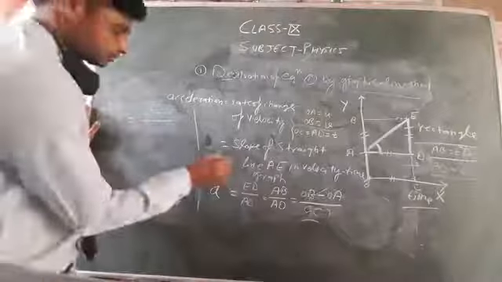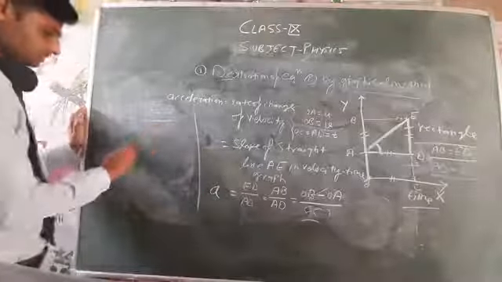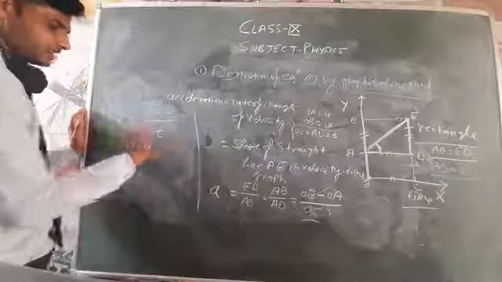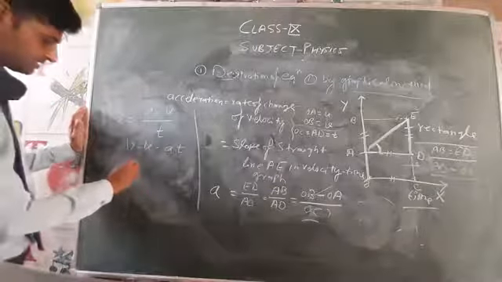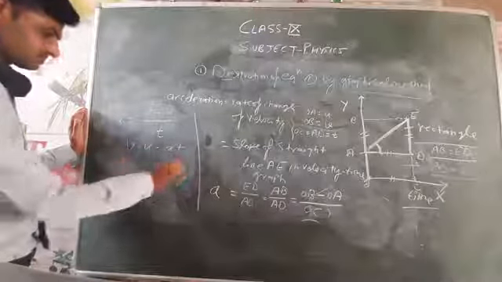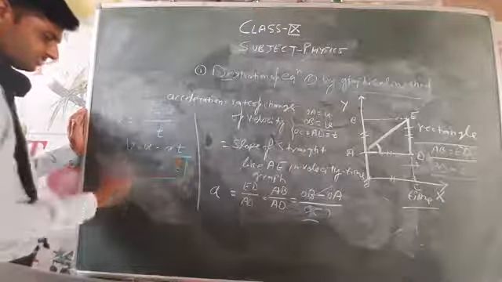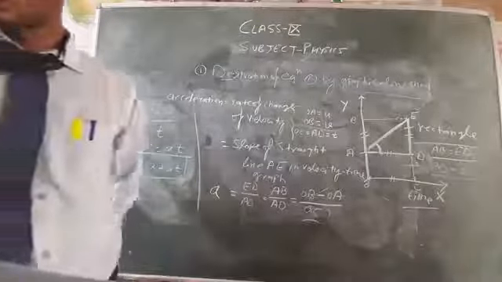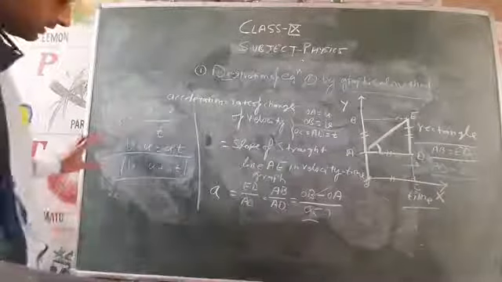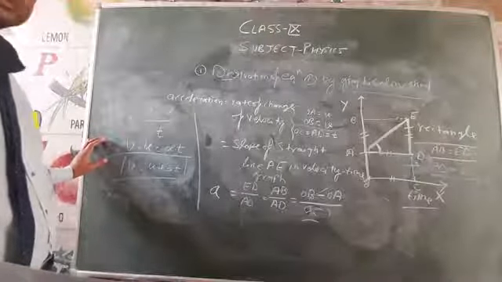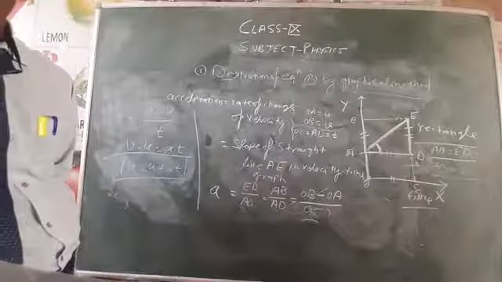It means OC is equal to t. So v minus u equal to at. So v equal to u plus at. This is the first equation of motion. So I hope you understand. So now I am going to derive the second equation of motion.